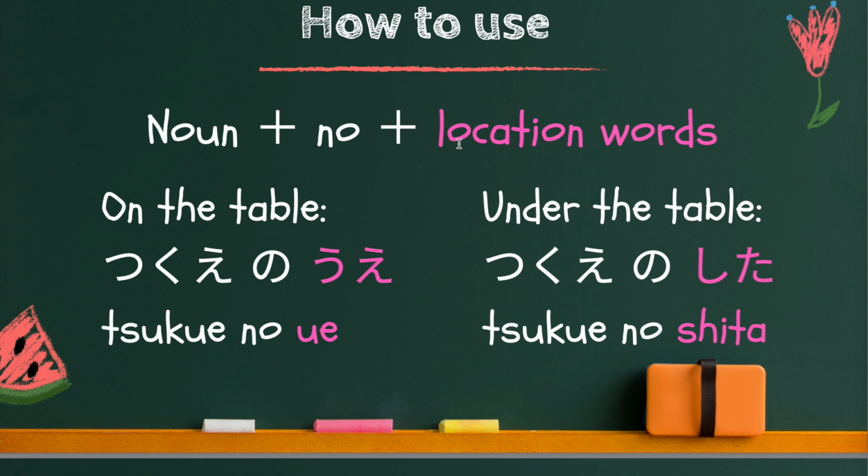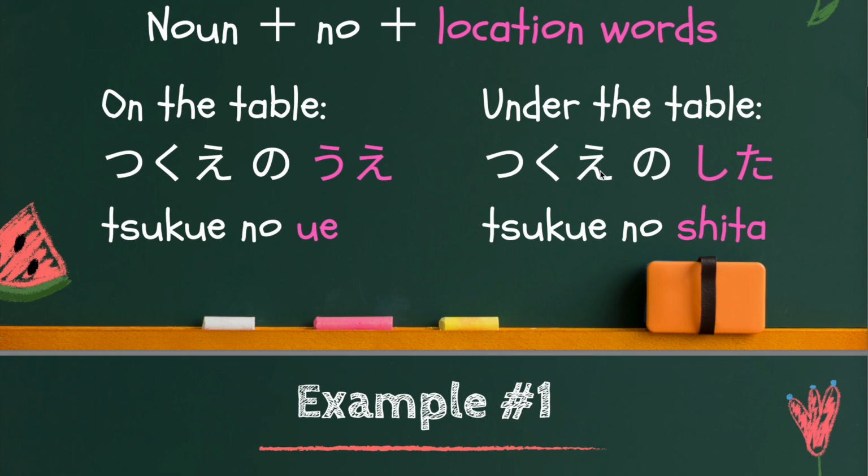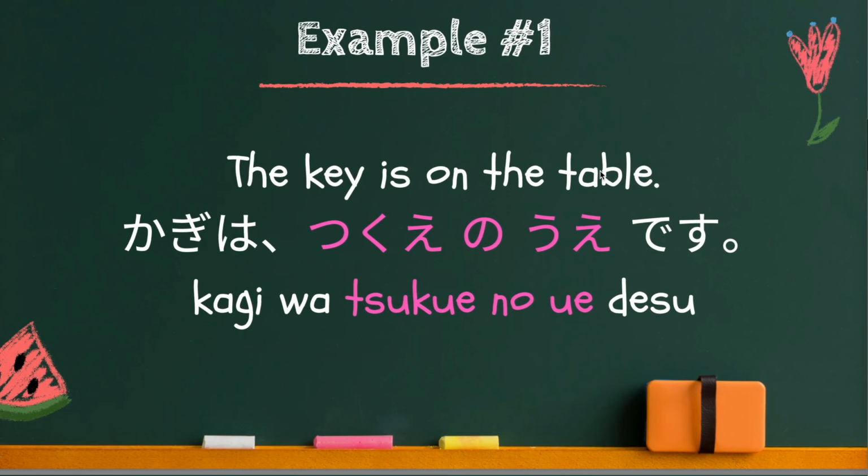And in the last lesson, you applied these location words using a simple grammar format, X is Y sentence structure. Like this example: the key is on the table. This is an X is Y sentence, which in Japanese is X は Y です. You learned this grammar format in lesson 1.